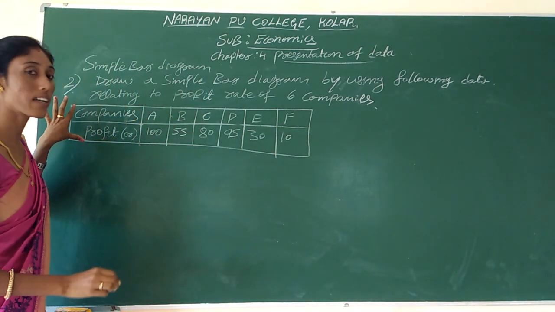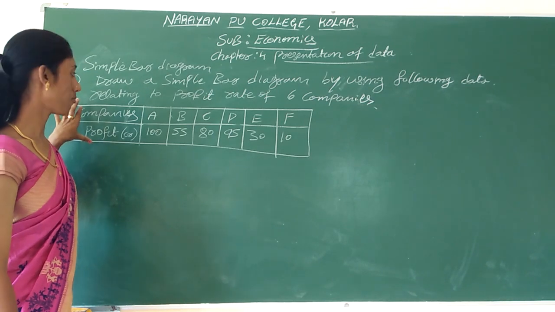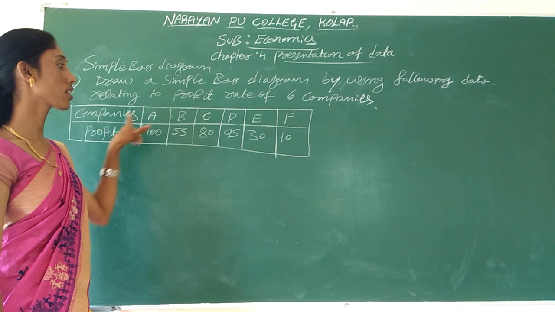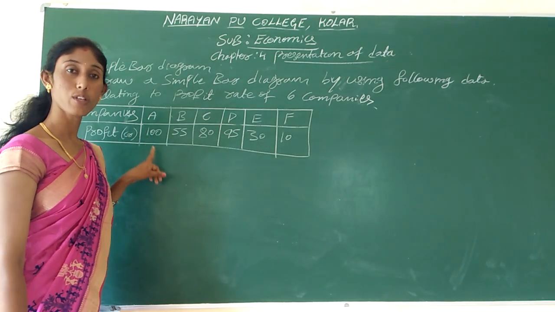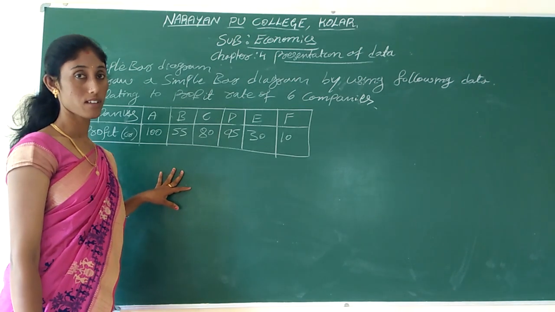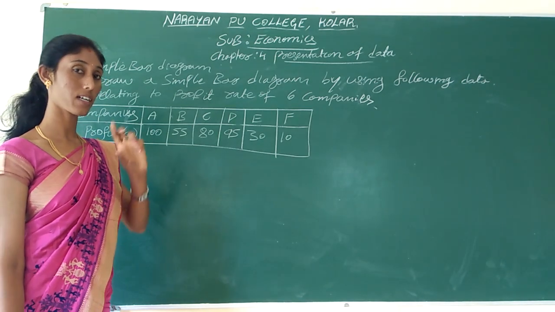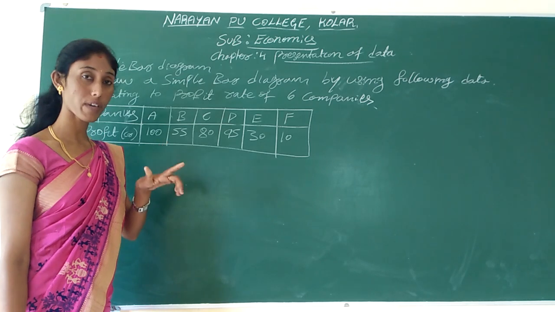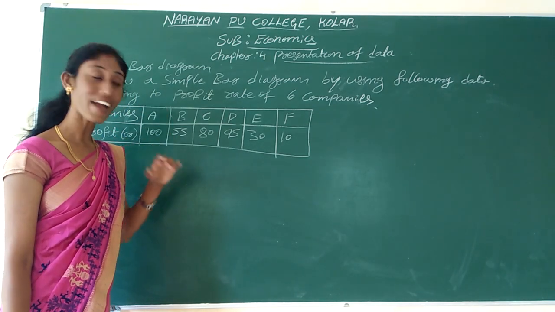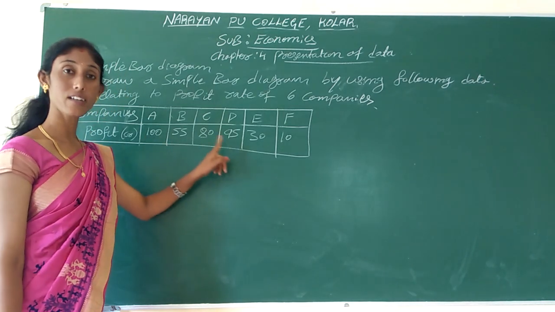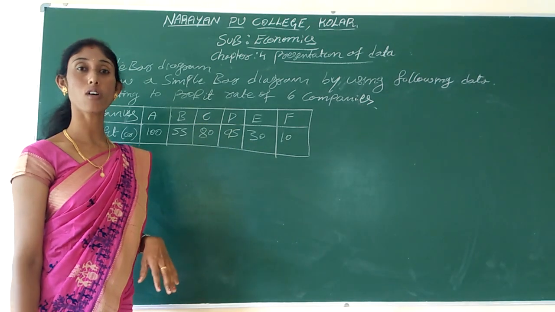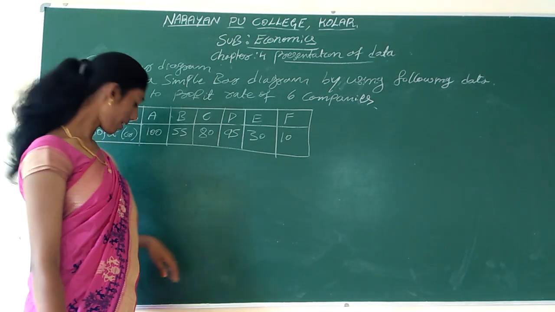This is the data they have given, the profit level of 6 companies. By using this data, we need to draw the simple bar diagram. We already know that in a simple bar diagram, the width of the bars will be the same, but the length or height of the bars will depend on data. That's why by using this data, we need to draw a simple bar diagram.